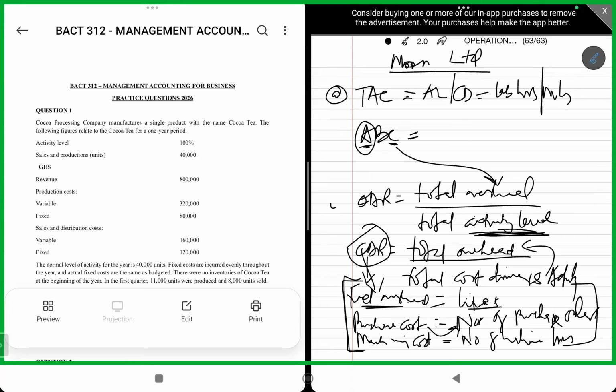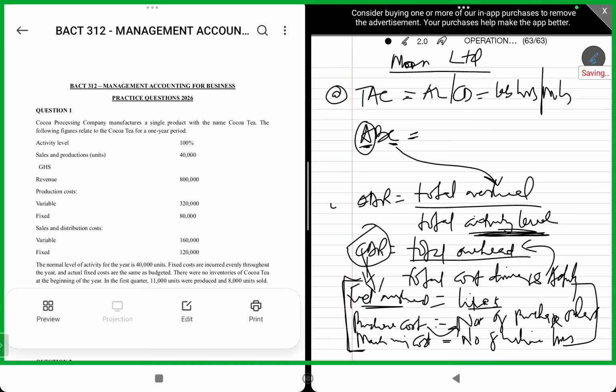So if the cost is fuel cost, then we go and check the respective activity to be what? Number of liters. If the cost is purchase cost, it will be determined by the cost driver, which is the number of purchase orders. If the cost is machine running cost, we'll go and check the corresponding cost driver, which is the number of machine hours.